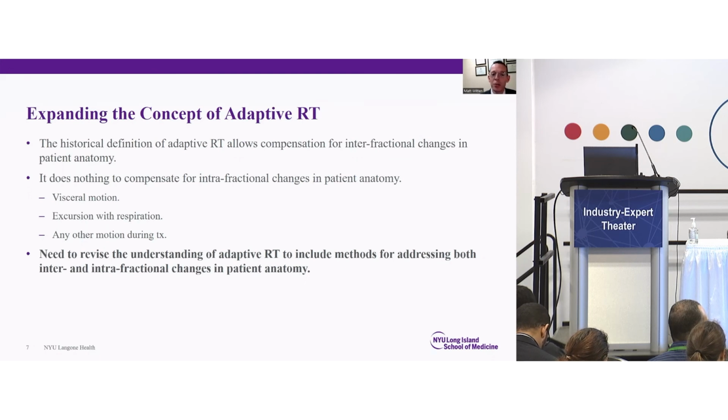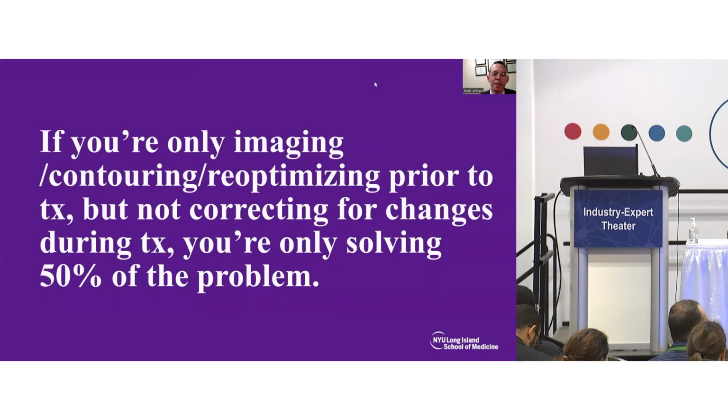So what we need to do is revise our understanding. We need to change the frame of adaptive RT to include methods for addressing both inter and intrafractional changes in patient anatomy. What I like to say is that if you're only imaging, contouring, and re-optimizing prior to treatment, but you're not correcting for changes during treatment, you're only solving 50% of the problem.